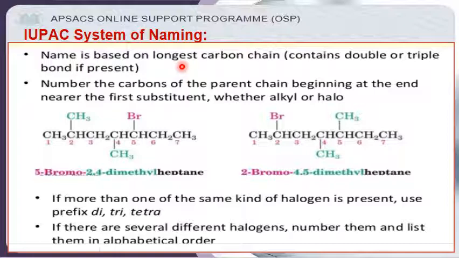Now we are going through all the rules, and in the last we are practicing naming of alkyl halide. First, the name is based on the longest carbon chain. We consider the longest chain first. It contains a double bond or triple bond if present.